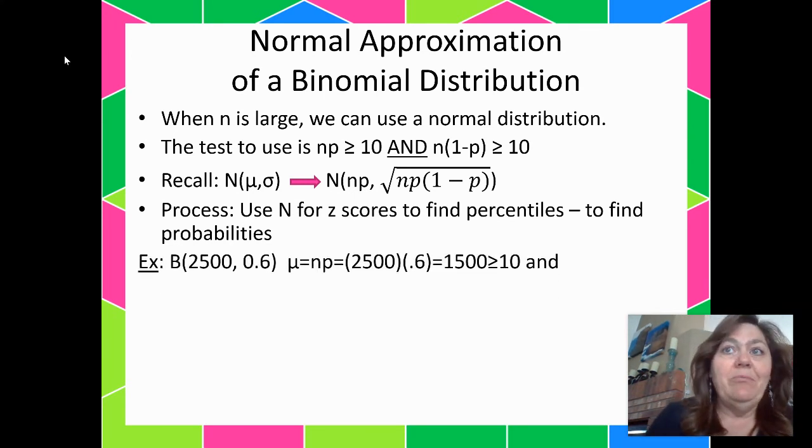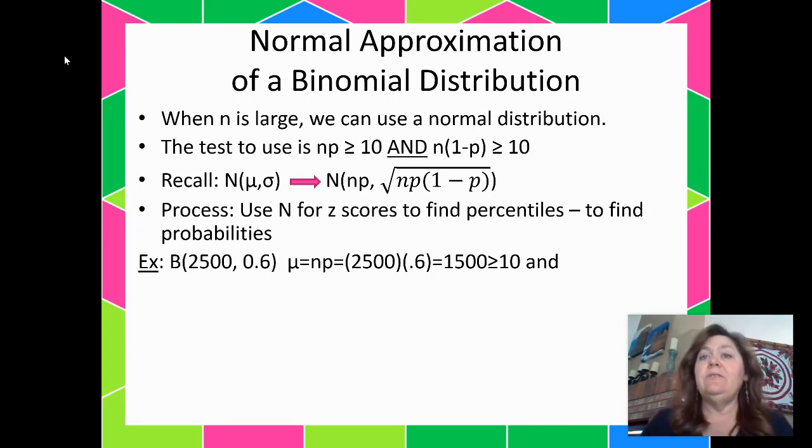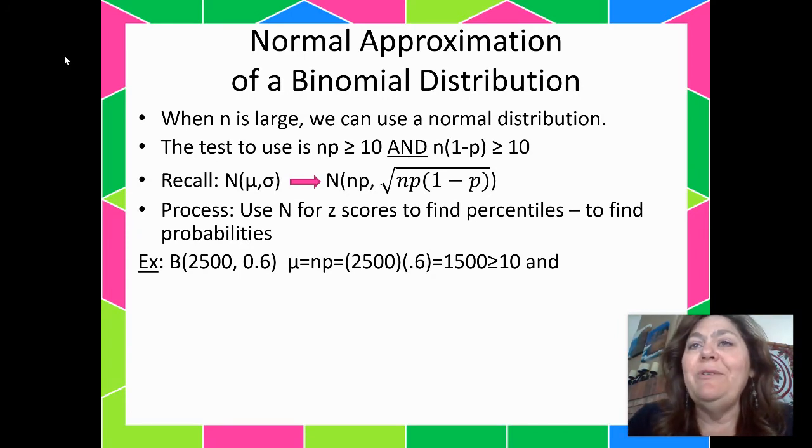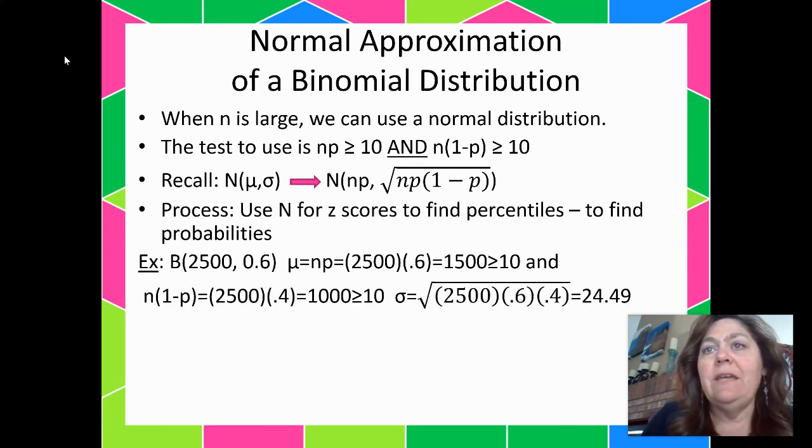So let's do an example. So here your n is 2,500. Your probability of, your standard deviation. No, I lied. This is binomial, not normal. Sorry. Your n is 2,500. Your p is 0.6. So np is your mean there. And when you multiply those together, it's greater than 10. There's n times 1 minus p, which would be times 0.4.